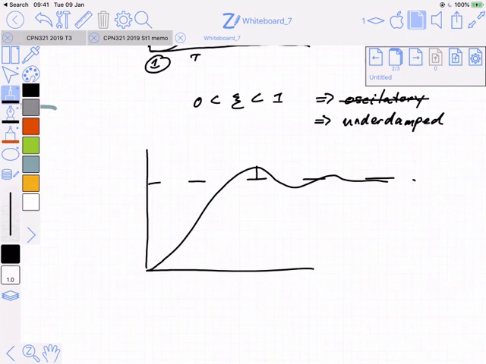Now you can tell me through later calculation that upon closer inspection, this system does not exhibit overshoot. But when you caricature an underdamped second-order step response, I expect you to show me some overshoot, because that's the prototypical underdamped response. Is this making sense to everybody?